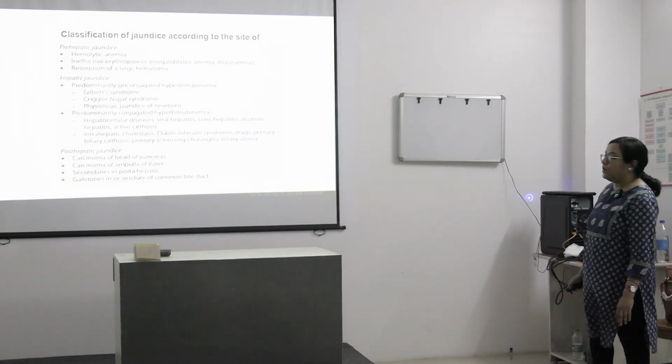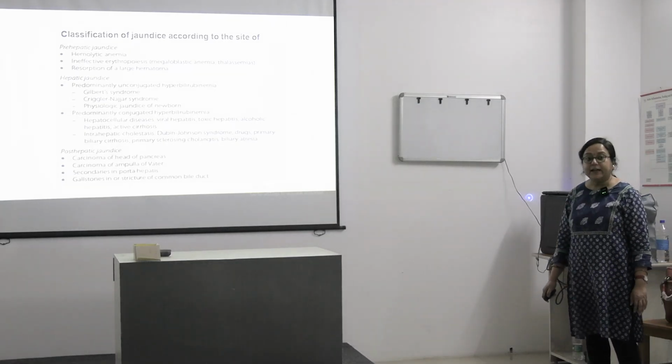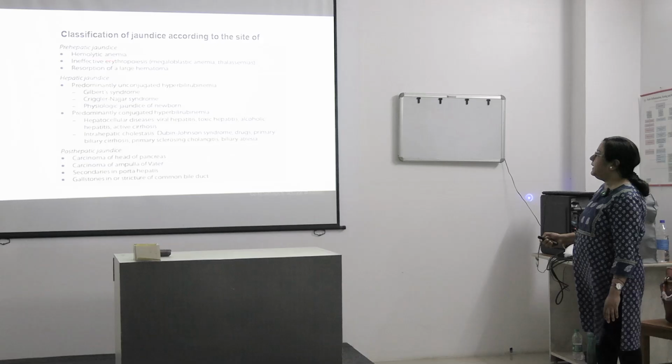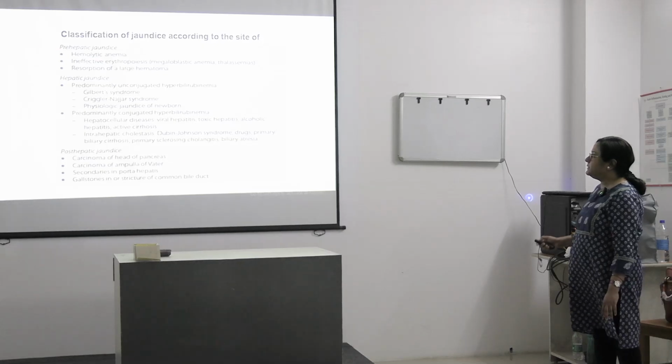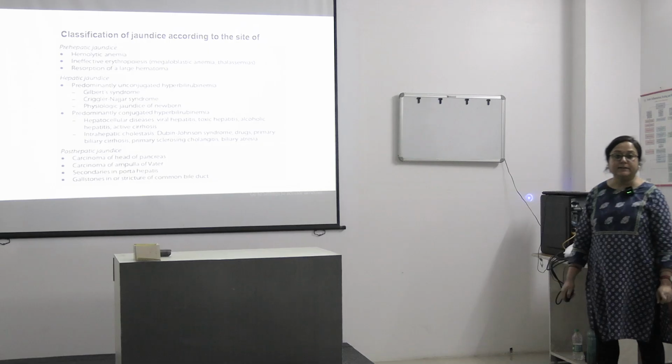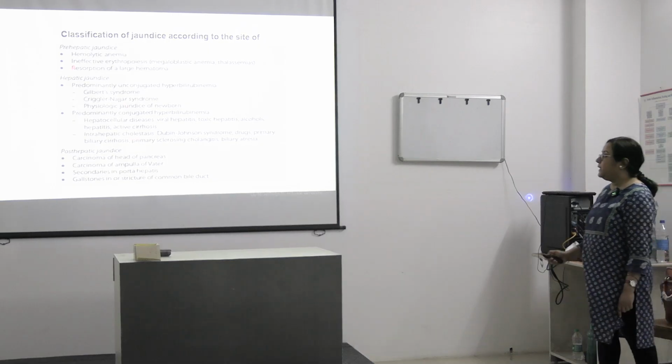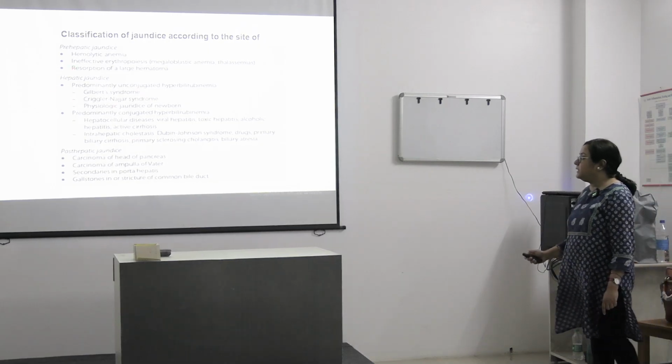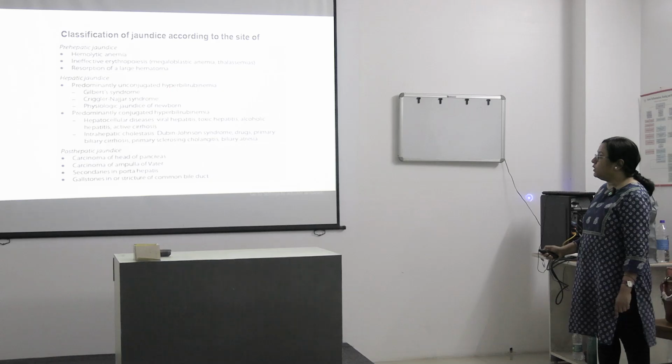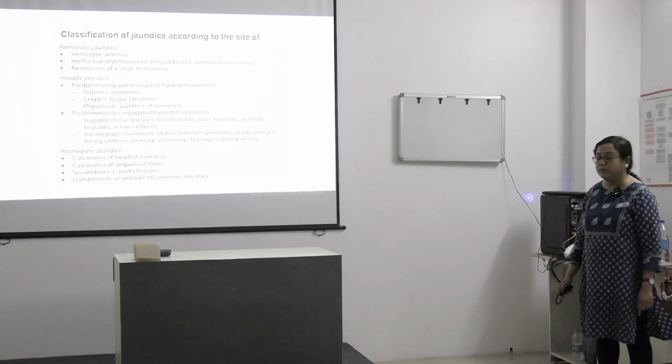How to classify jaundice according to the site: prehepatic, hepatic and posthepatic. The most important prehepatic cause is hemolytic anemia. In hepatic jaundice, the most important unconjugated types are Gilbert syndrome and Crigler-Najjar syndrome.